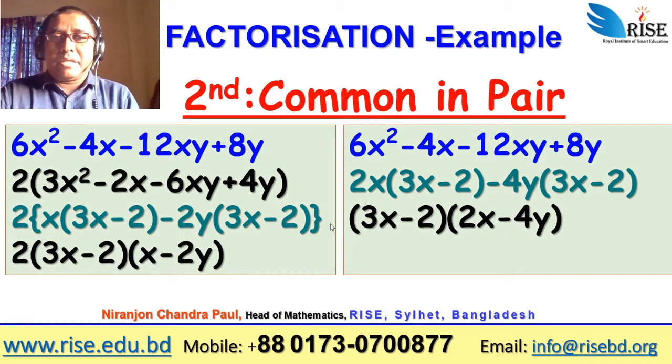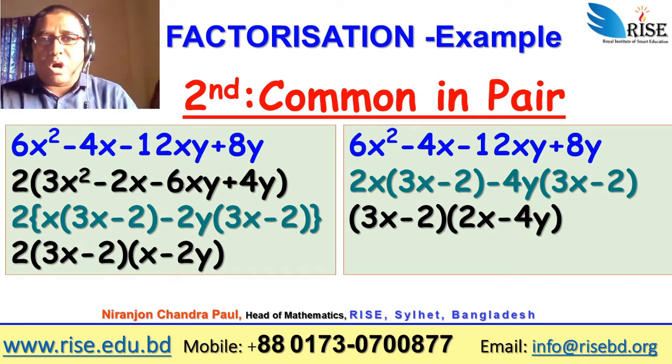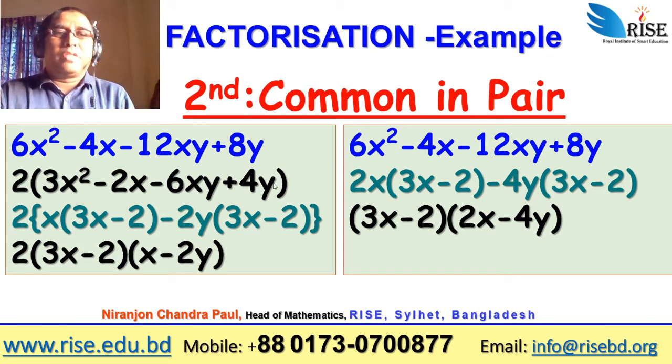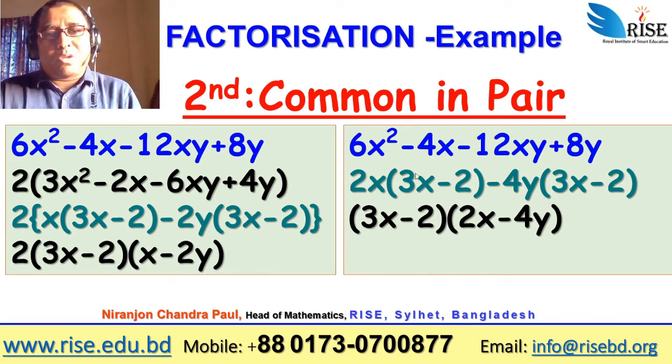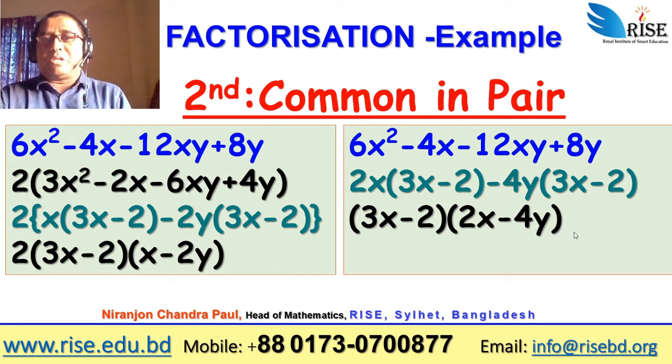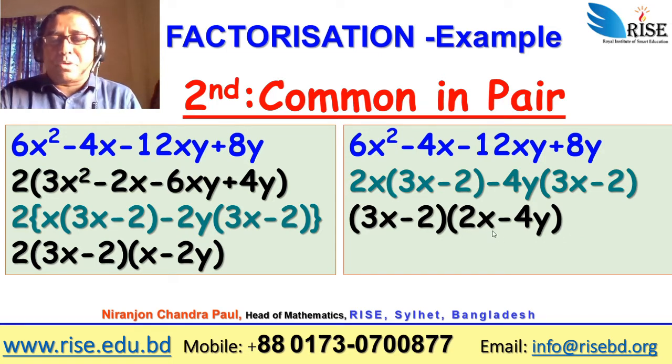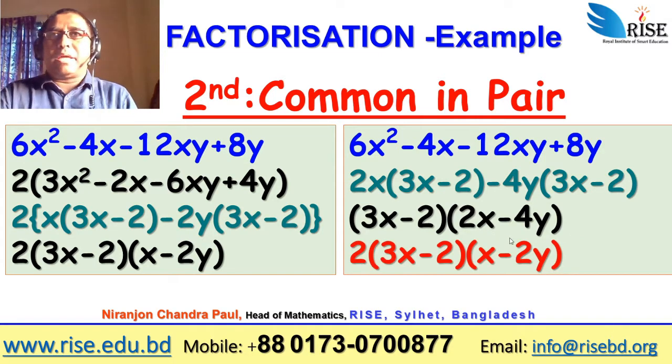In that case, it's not completely factorized because 2 is still common here. If you follow my process, thinking first common in all, then common in pair, you must go this way, the left side way. If you don't follow my way, you might come to this end, but then you have to take 2 common again, then it is complete.